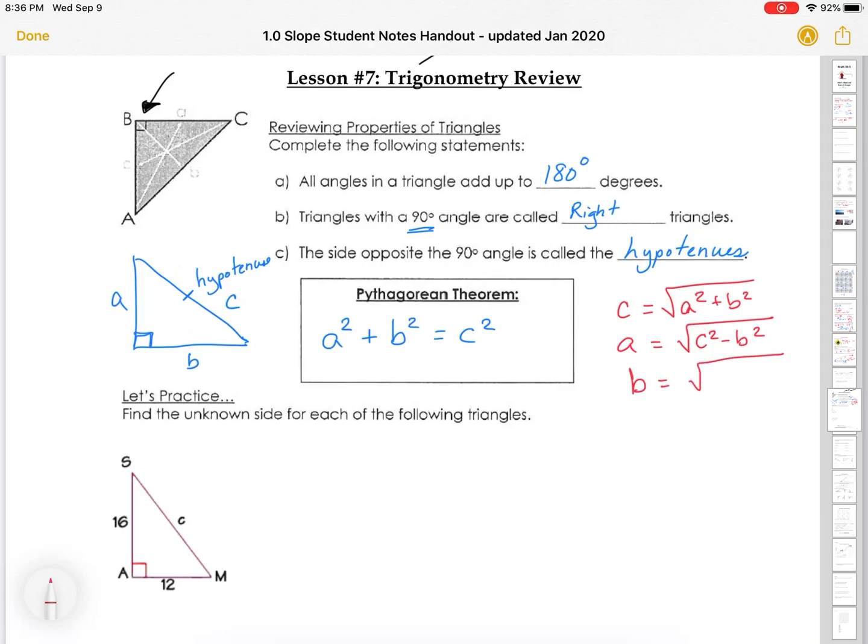And if we're looking for b, we take the square root of c squared minus a squared. Okay, c is the big side, so when we're looking for a or b, c is always in front. You subtract from it. Okay, so those are the versions of the formula that you'll use.